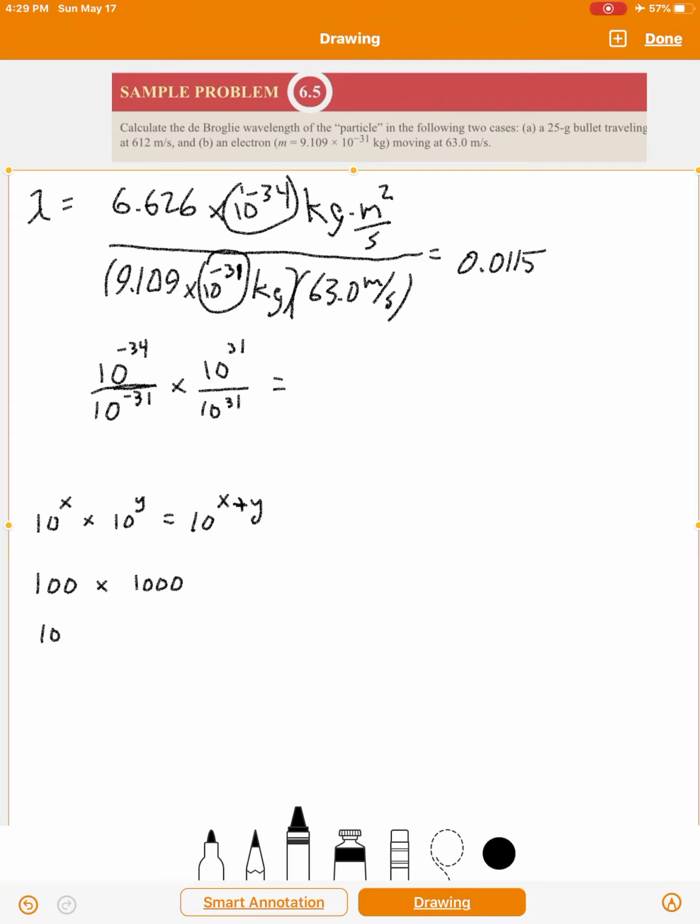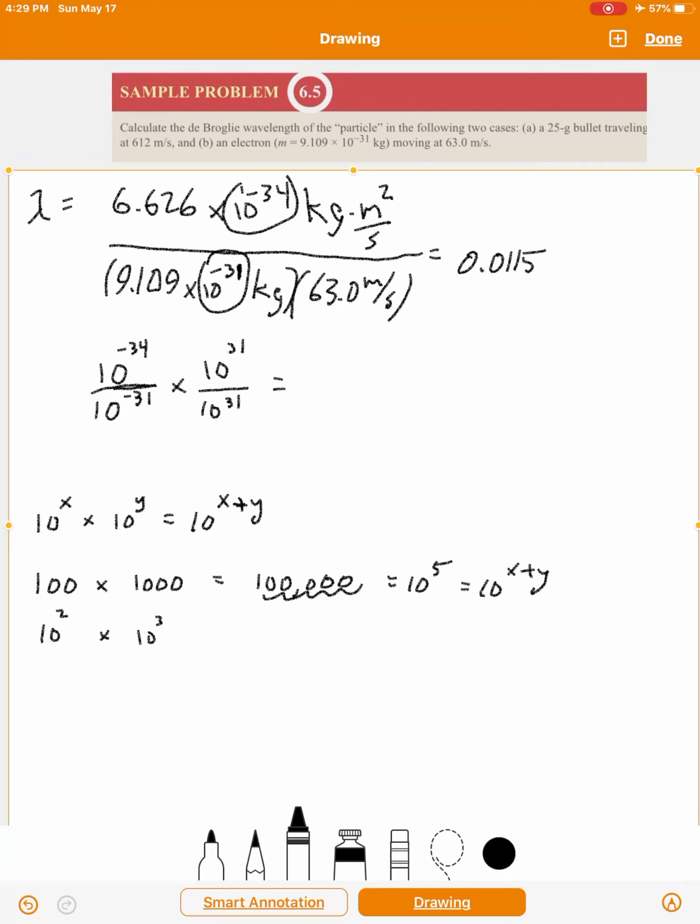Well, this is 10 to the 2. This is 10 to the 3. If you take 100 times 1,000, you get 100,000, right? And if you move the decimal place over to get it into scientific notation, you get 10 to the 5. So it's really equal to 10 to the x plus y.